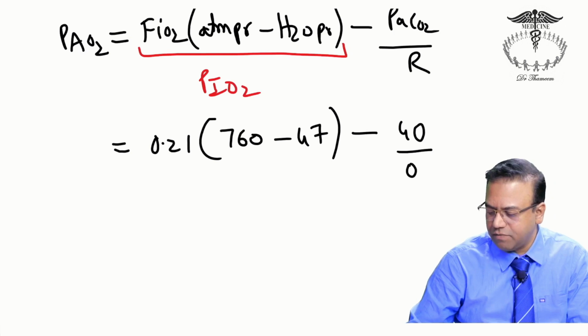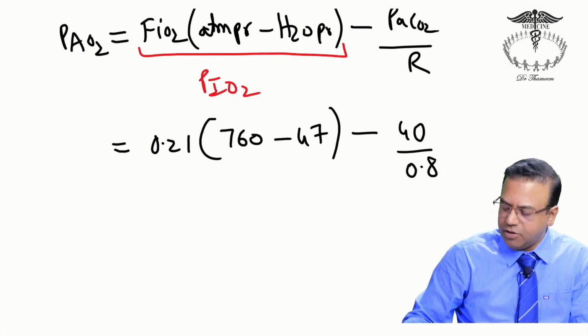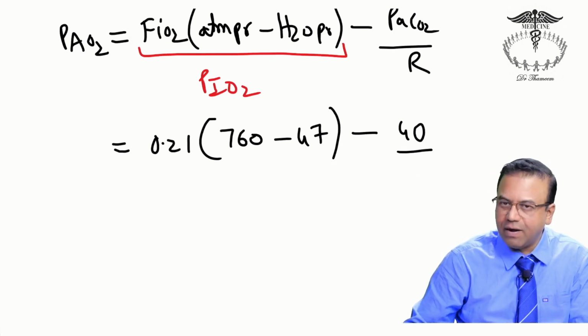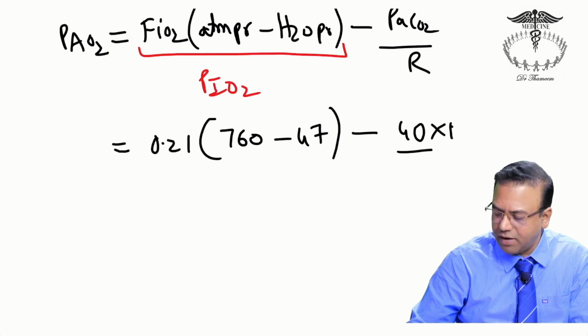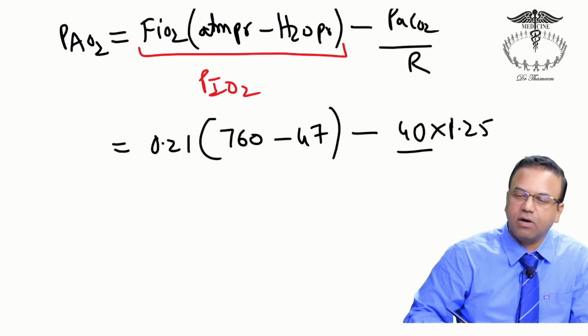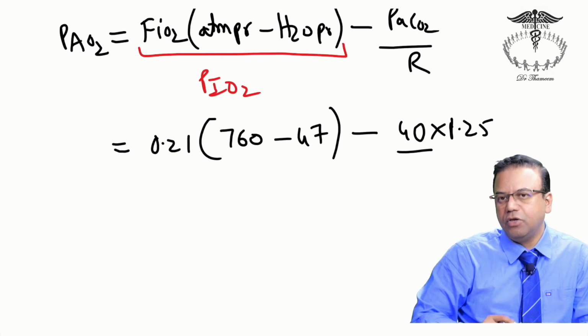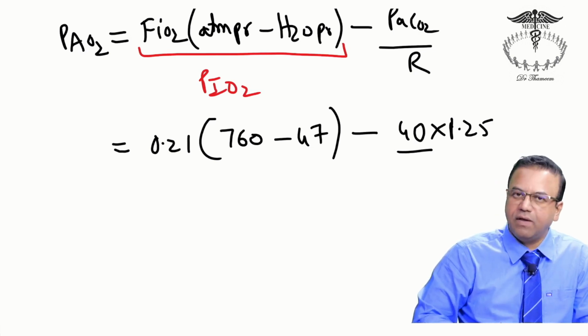The respiratory quotient we discussed is 0.8. Instead of 0.8, you can write 1 divided by 0.8 as 1.25. Depends on what you find easier for calculation on the day of the exam. Choice is yours.